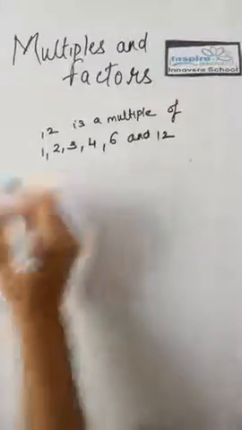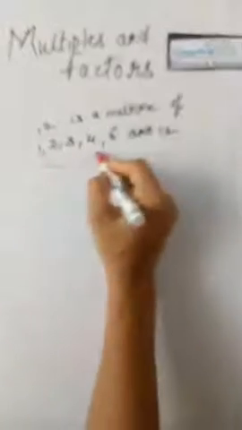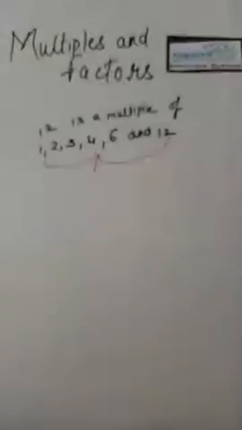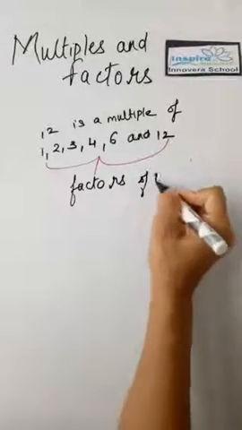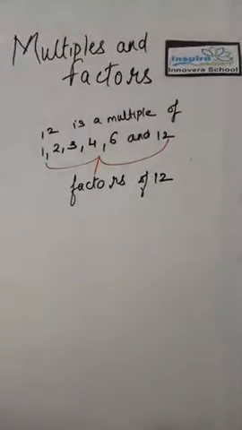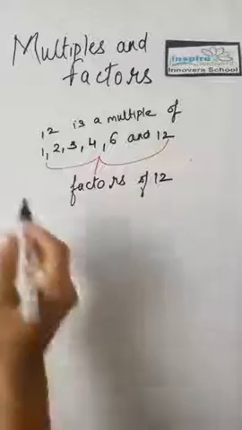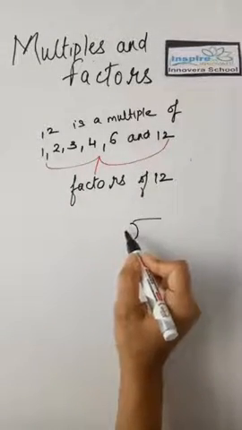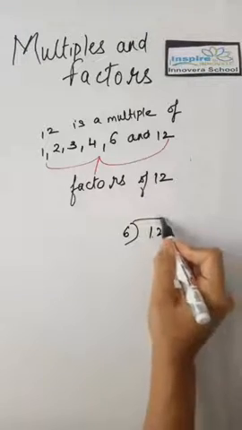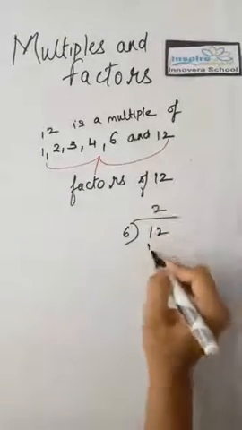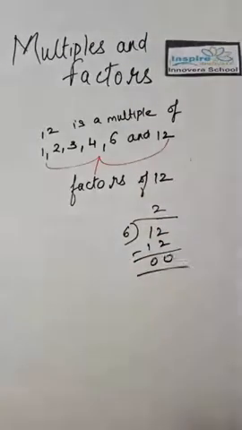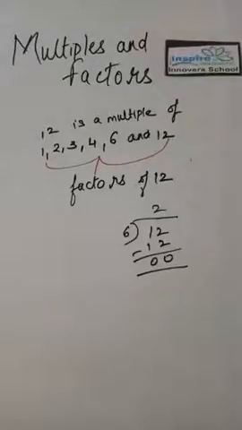These numbers are called factors of 12, as they divide 12 leaving no remainder. If I divide 12 by 6, 6 2s are 12 and in remainder I get 0. So that means 6 is a factor of 12.